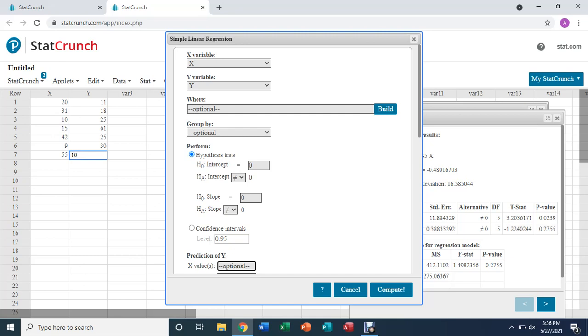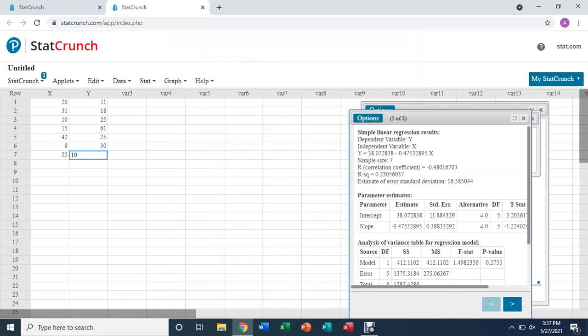But if the p-value is smaller than, for example, 0.05, I can use the equation to predict the value of y for a given value of x. So enter it here. So for example, we said 33, compute.